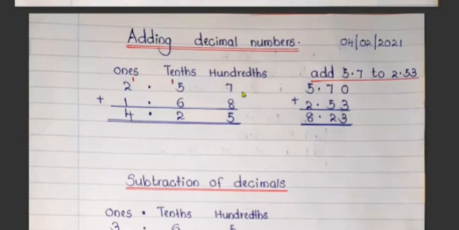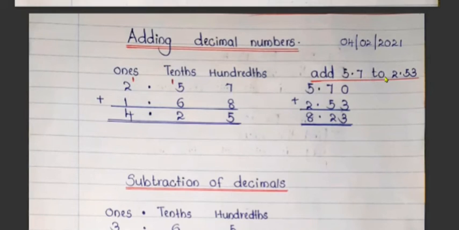Now we are going to do the addition. 7 plus 8 will be 15. So you write 5 and the balance 1 here. 6 plus 5, 11. 11 plus 1, 12. The balance 1. 2 plus 1, 3. 3 plus 1, 4. 4.25.